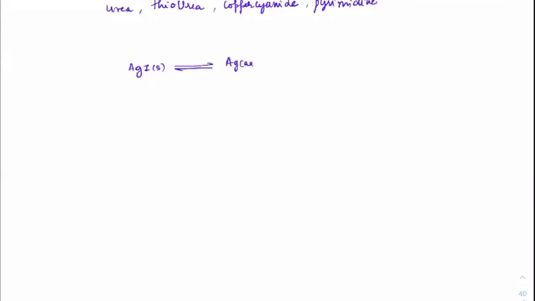AgI will always have Ag+ and I- in aqueous form. What do you call this equilibrium? KSP, right? Because it is a sparingly soluble salt, it will dissociate to a very small extent, and the equilibrium constant associated with it is KSP. At the same time, if you have Ag(NH3)2+, this will be in equilibrium with Ag+ and 2 moles of NH3.